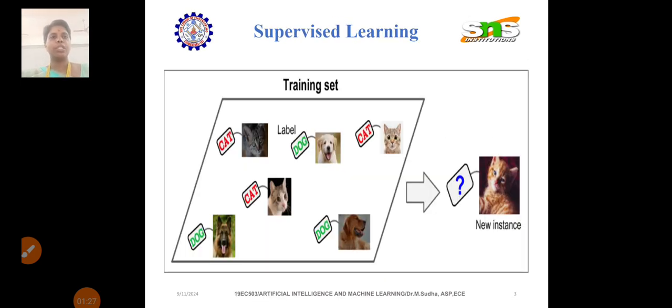Next, one more example. You can see this image, that is the training set. Here many images are there, dog and cat images. Different dog images are here, likewise cat images also. For a new instance, this is also a cat image, but we didn't label it clearly, so the machine will get confused and will not get the data exactly.